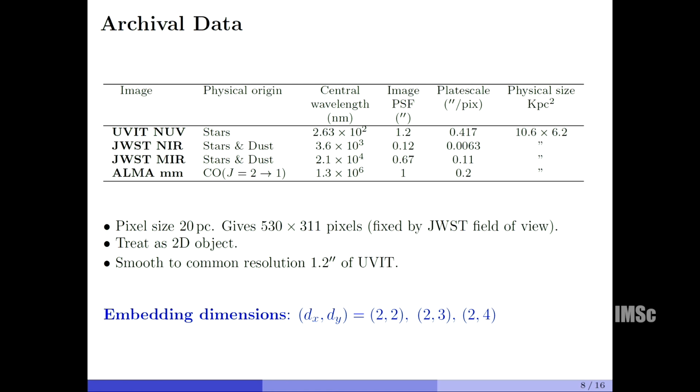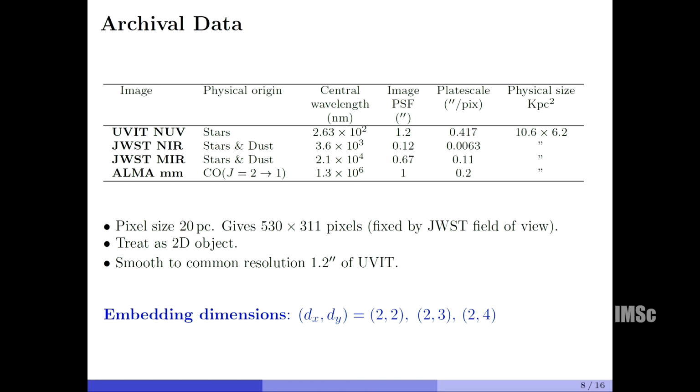Okay, regarding the data, I am using archival data. I chose this because I wanted to use UVIT data, and it should be available at many wavelengths. So these are the four: UV, NIR, MIR and millimeter from ALMA.